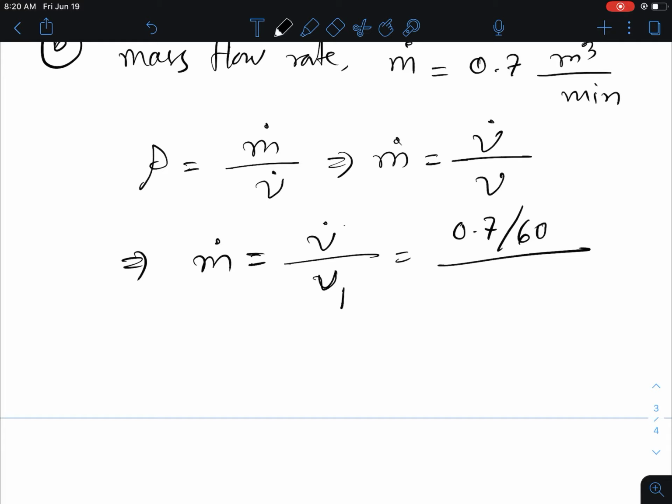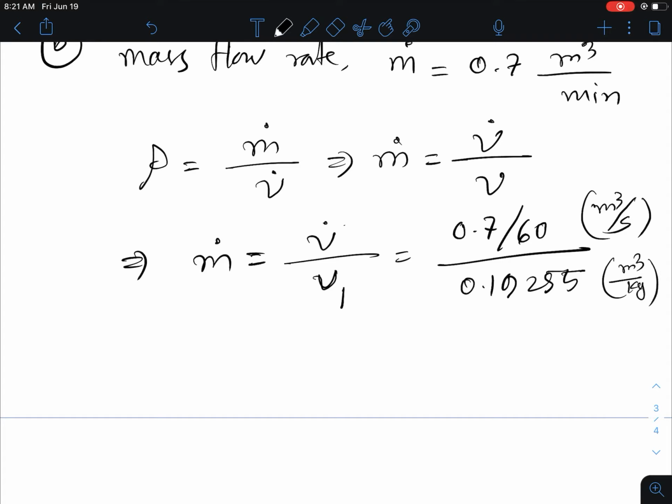And then for specific volume at state 1, we recorded it for the pressure 100 kilopascal, which is 0.19255 meter cube per kg, right? So this is meter cube per second, and this is meter cube per kg.